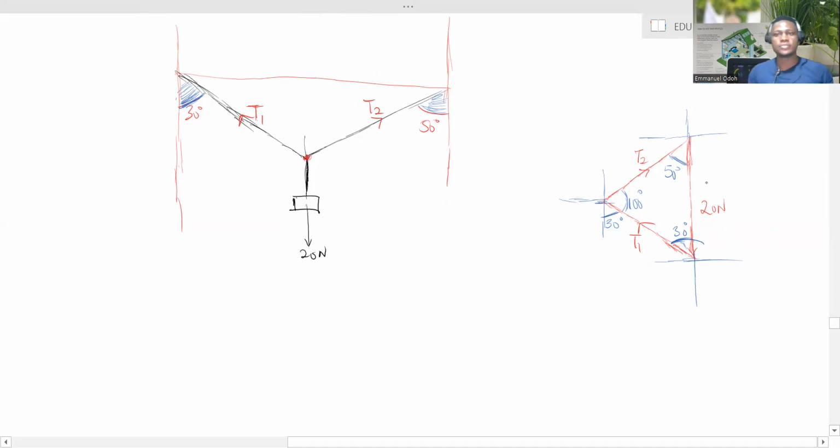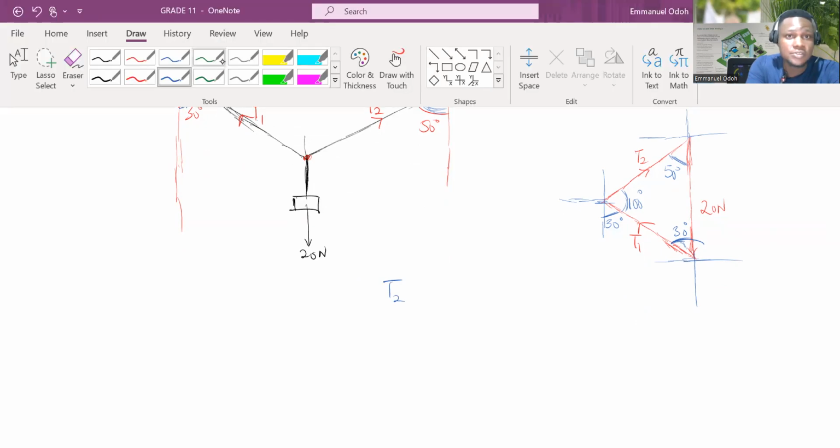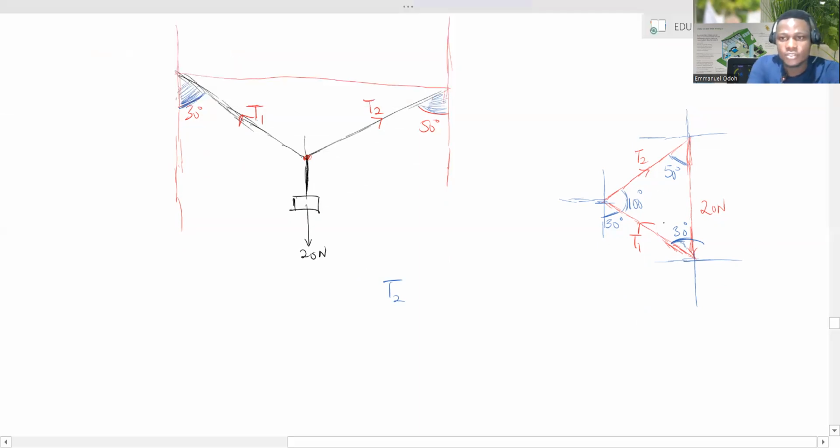So let's use the sine rule there. Always, if you want to make it easy and not get confused, just draw your line from the angle to the opposite side. You can see this 30 and T2.